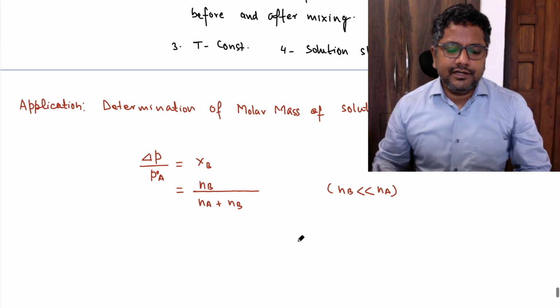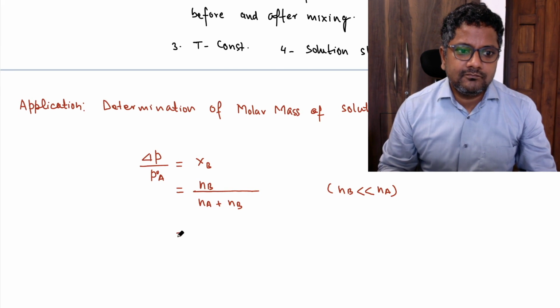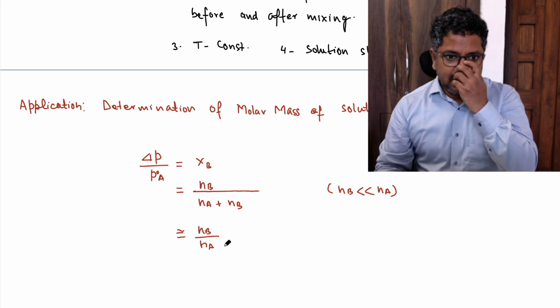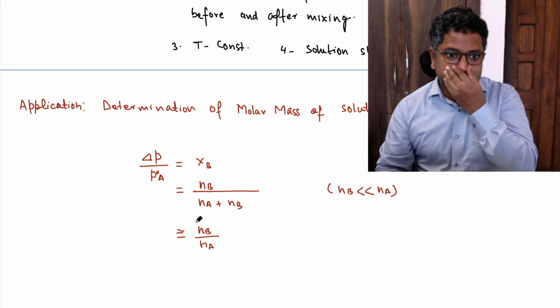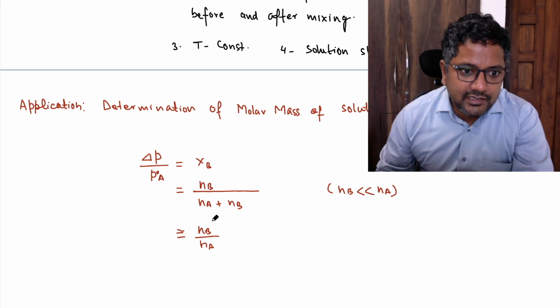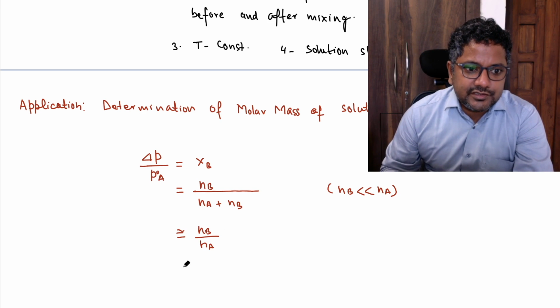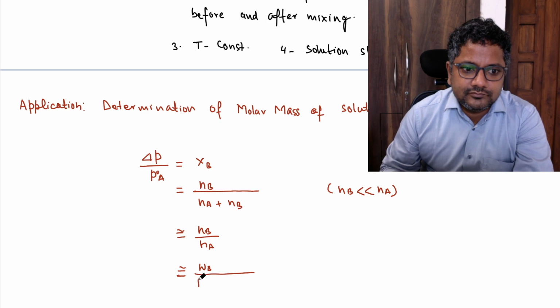So you can write this as approximately NB by Na, right? And NB we can change to WB by MB, into Na.